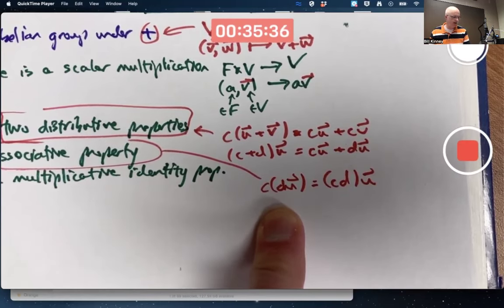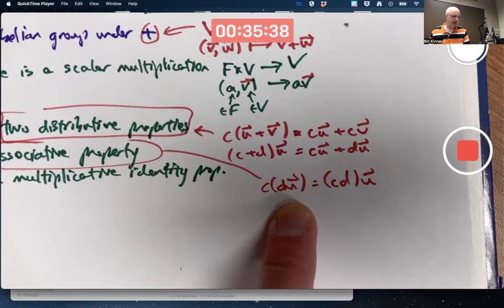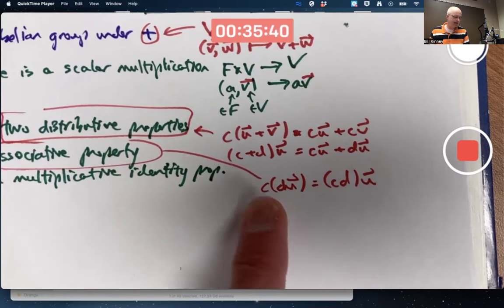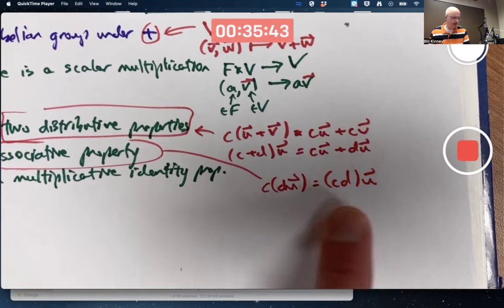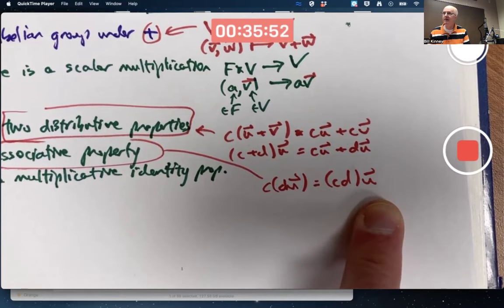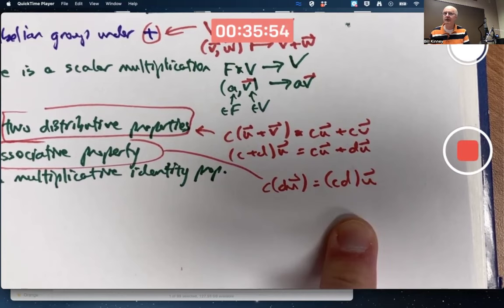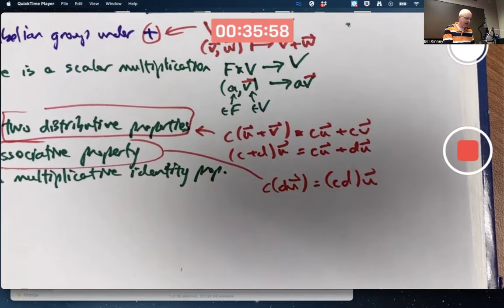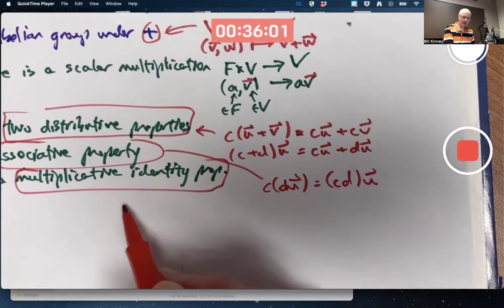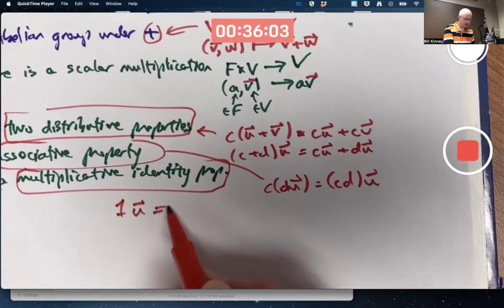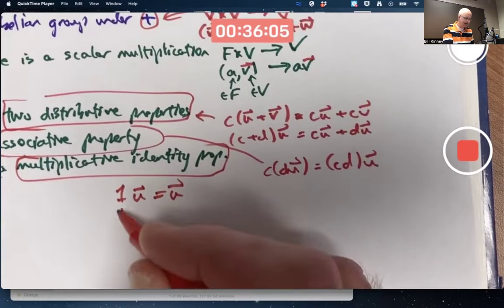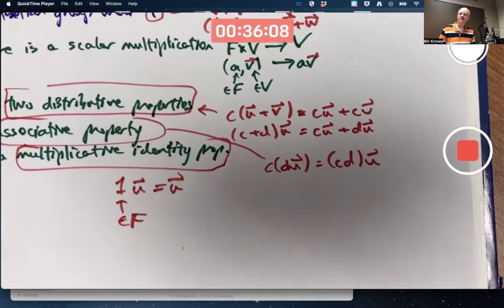You're doing that scalar multiplication of a vector first, and then this scalar multiplication of the resulting vector. Here, you're doing multiplication in the field first. C times D is the field multiplication before you multiply by the vector, but you're saying in the definition that you get the same thing if you do it either way. And then multiplication by the identity is this property again. And that is the identity of the field.